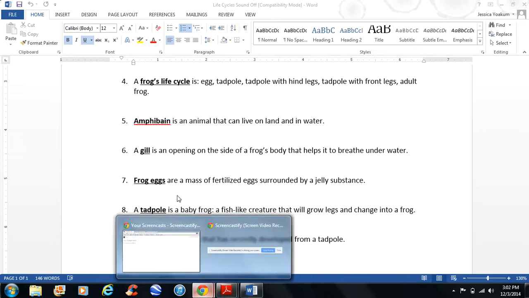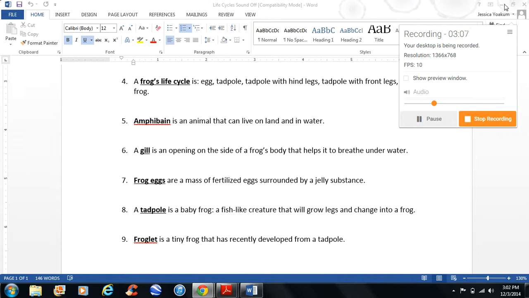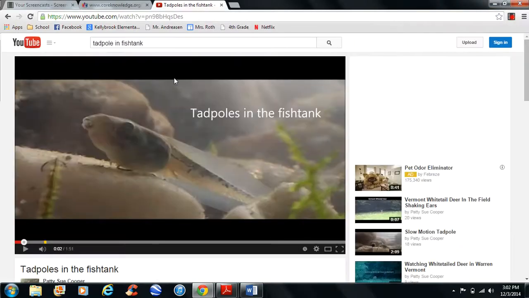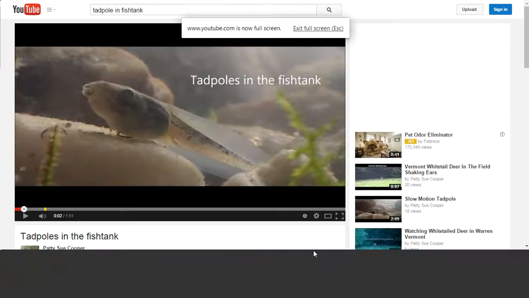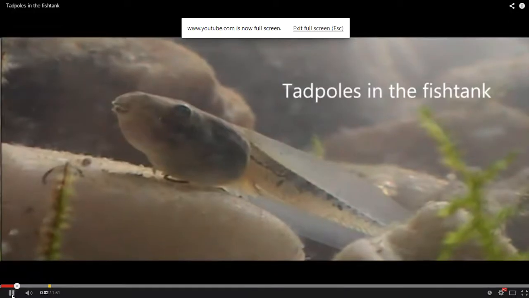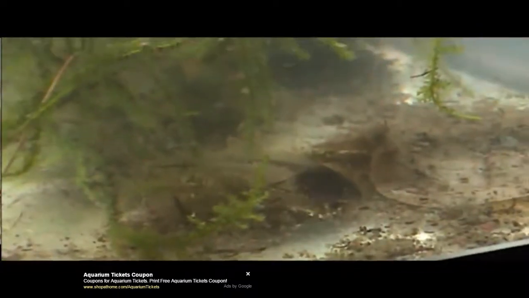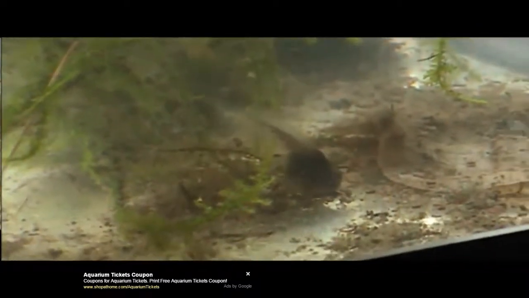So now let's go and look at what our tadpoles are doing. Right now, I would like for you to write down a few things that you are seeing that is going on in the fish tank right now. What are the tadpoles doing? What do they look like? Their coloring, how they're moving. Write a couple of things down, and we will share these in class.